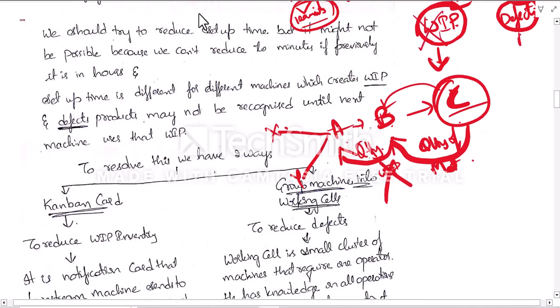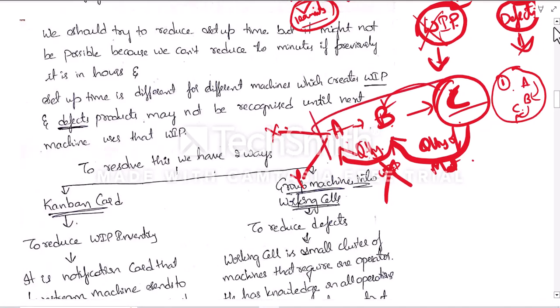And we have another problem called defects, because we cannot find the defects until it passes through the next stage. Now what we should do, we should form small cells where a single operator will go through all the machines. He will look after all the machines. These machines will be smaller in size when compared to the earlier ones, so that this single operator can handle the three machines, and he can look after what is a good product and what is a bad product.